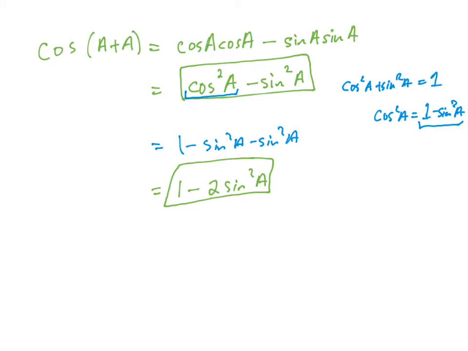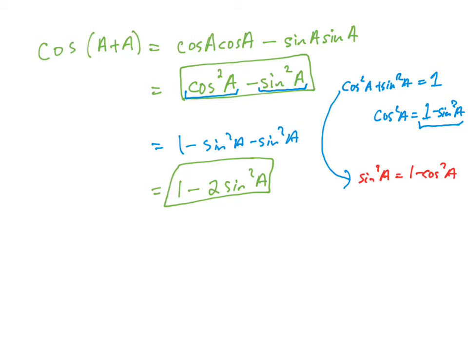Then if we go back to the first version and make a substitution for sine squared, instead of solving for cosine squared, let's solve for sine squared. We're going to say sine squared a equals 1 minus cosine squared a.